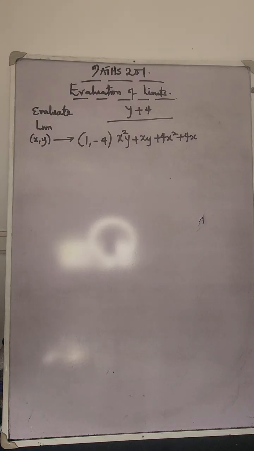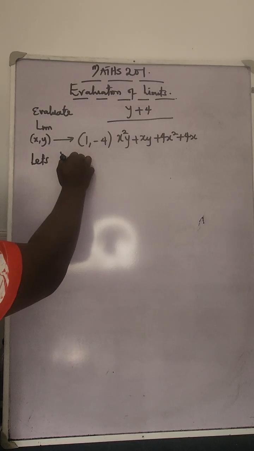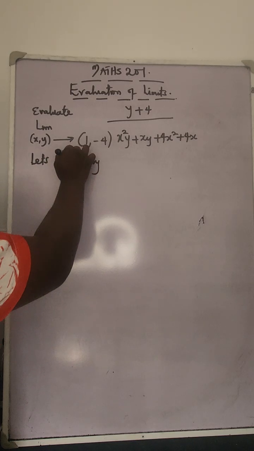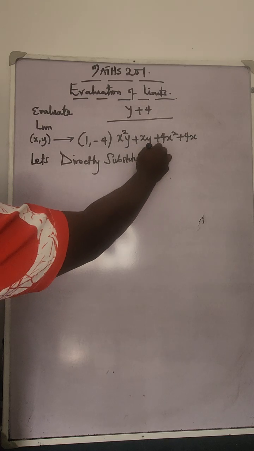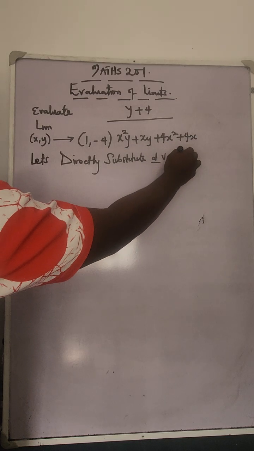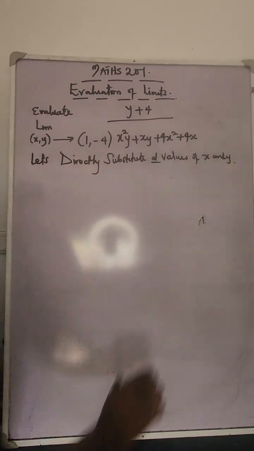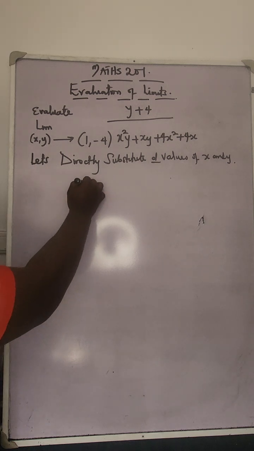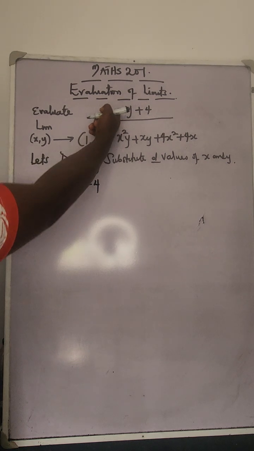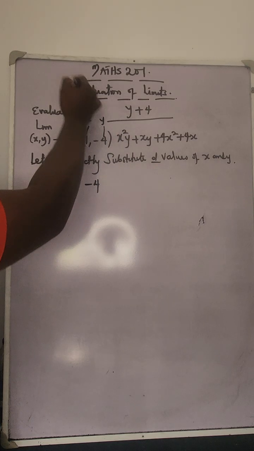And so we say, let's directly substitute the values of x and y. Whenever I see y, I place it as -4, because this represents x and this represents y.